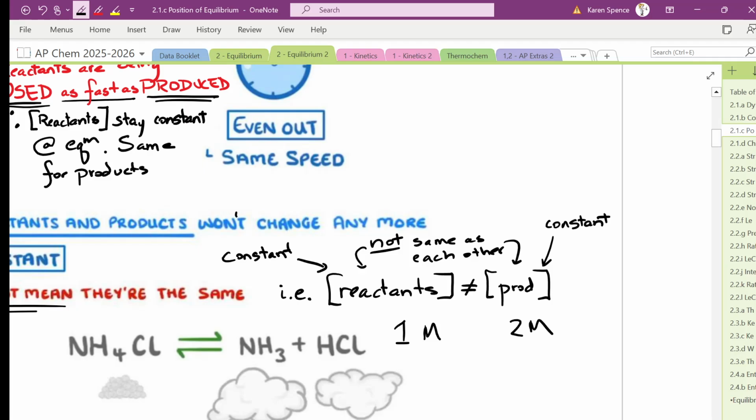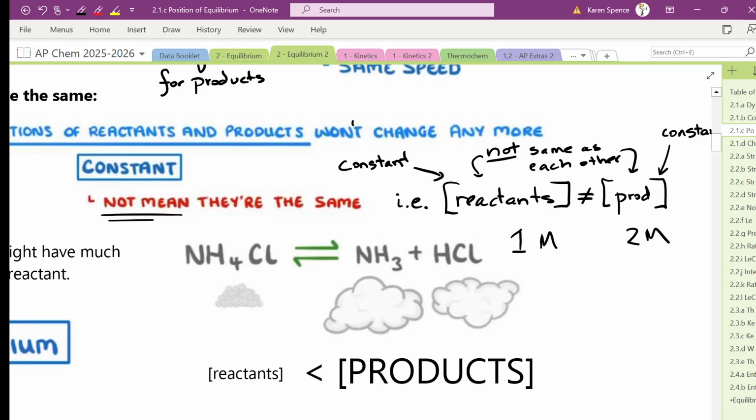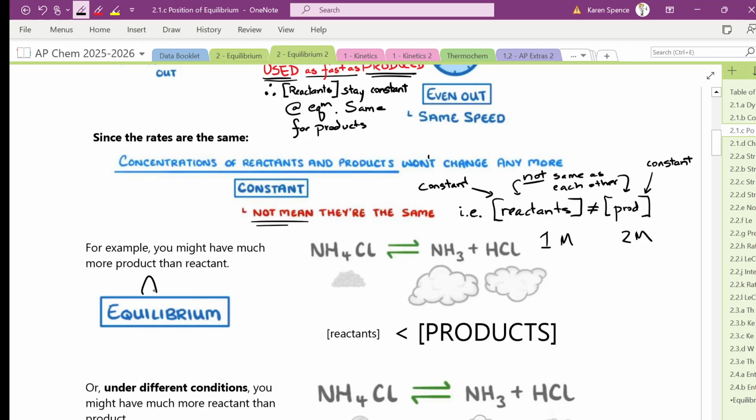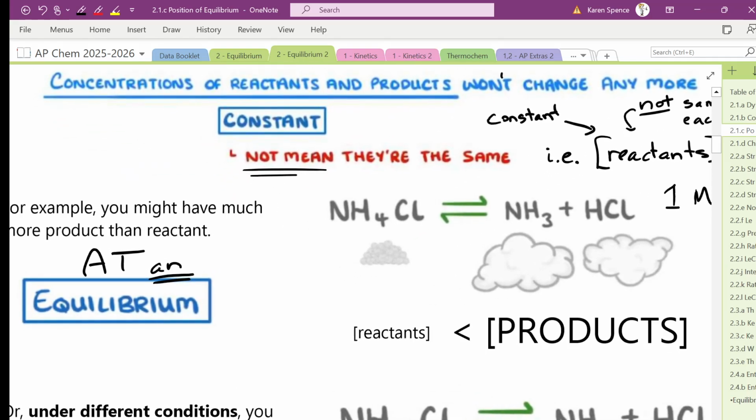All right. So here we go. We've got some NH4Cl, and we've got some NH3 and some HCl. And we are at an equilibrium. And I say an equilibrium because what can change an equilibrium?